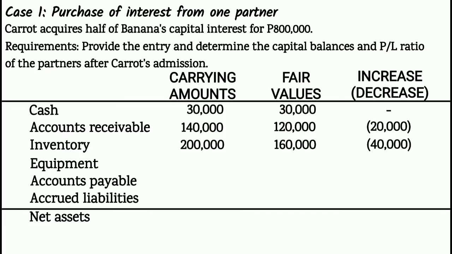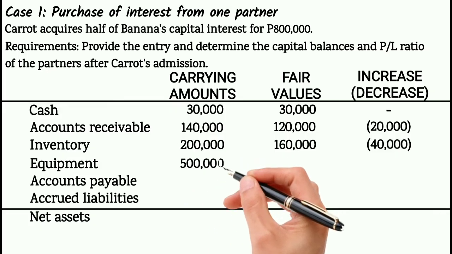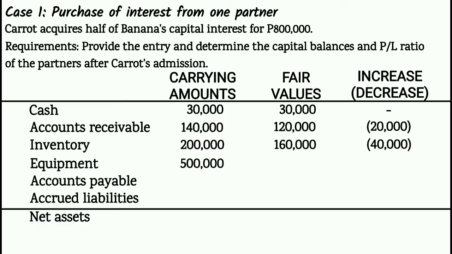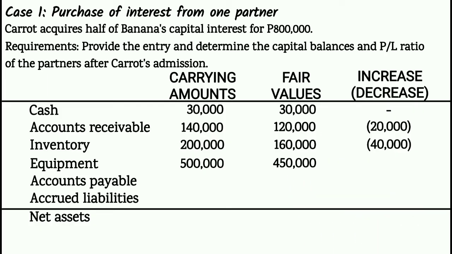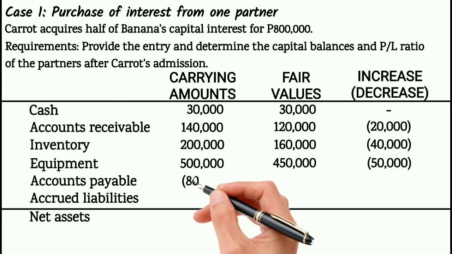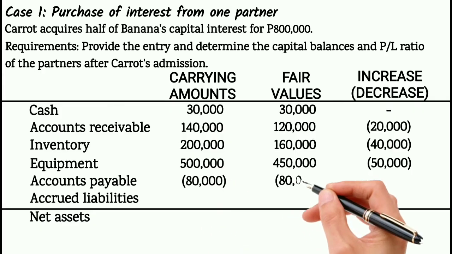Next, equipment. Ang carrying amount ng equipment ay 500,000 pesos. At ang fair value ay 450,000 pesos. Therefore, may decrease na 50,000 pesos sa equipment. Ang effect ng decrease ng 50,000 pesos sa equipment ay decrease din ng 50,000 pesos sa net assets. Next, accounts payable.